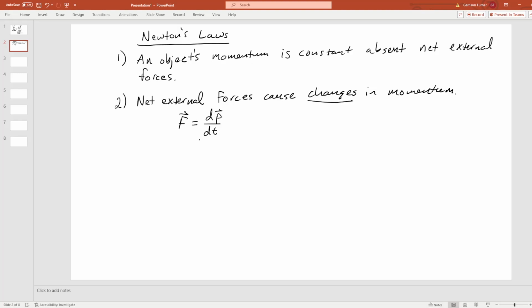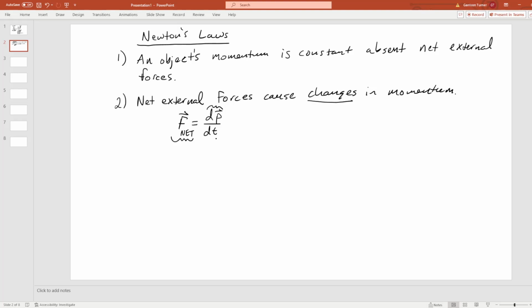So the whole idea that the acceleration is in the same direction as the impressed force comes from the vector nature of things. The fact that momentum is a vector and that forces are vectors, this equation is telling you exactly that. Whatever direction F net is, that must be the same direction that your momentum is changing. It's not the direction of your momentum, it's the direction your momentum is changing.